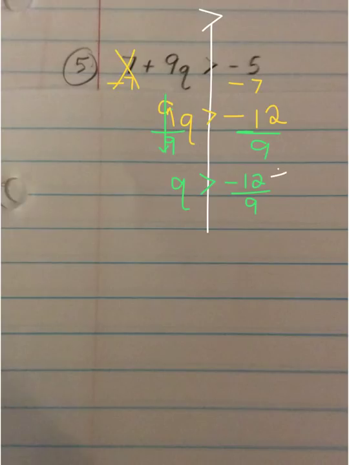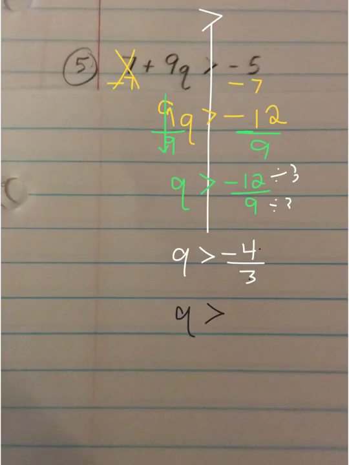I could reduce these both by dividing them both by 3. So q would be greater than negative 4 thirds. And if you really want to have some fun with it, you could turn this into a proper fraction.